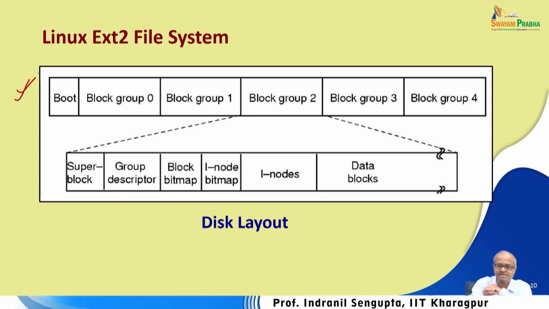So, basically in the disk, in the beginning, you have a block which is called the boot block. Whenever you turn on a machine, there is a default hard disk from where you are supposed to boot. So, what happens in booting?